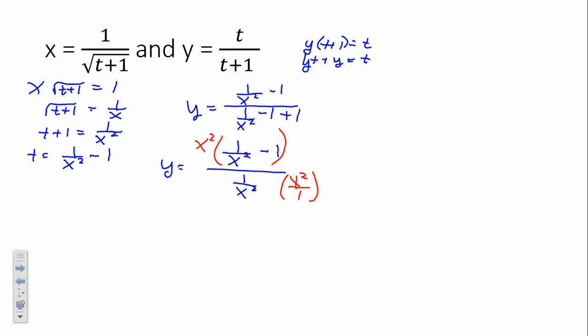Okay, the bottoms are going to cancel. They're gone. So I have y equals x squared over x squared, which is going to be a 1, right? x squared times a negative 1.